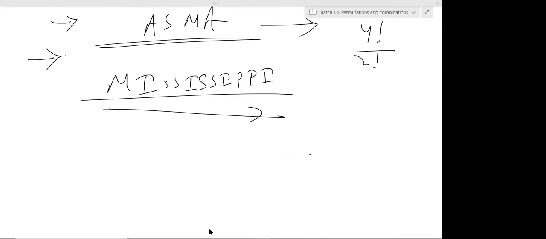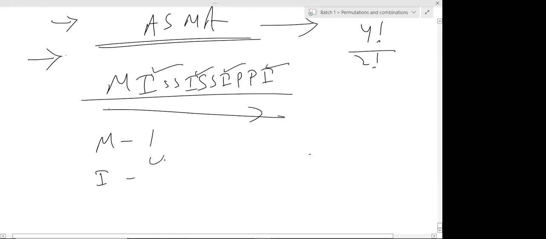Anyone have the answer? 1 minute, sir. Sir, is it 11 factorial divided by 4 factorial into 4 factorial into 2 factorial? Let's see. So we have one M here, and I is 1, 2, 3, and 4.